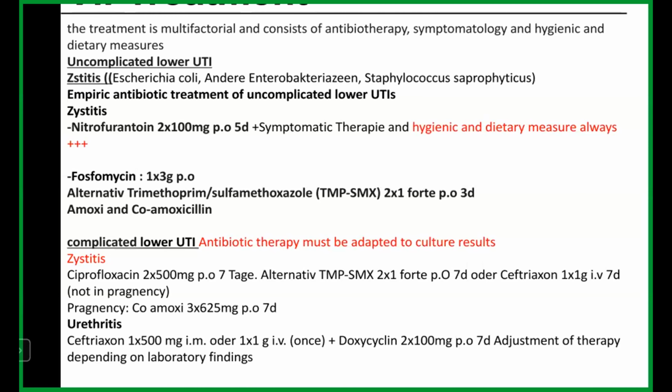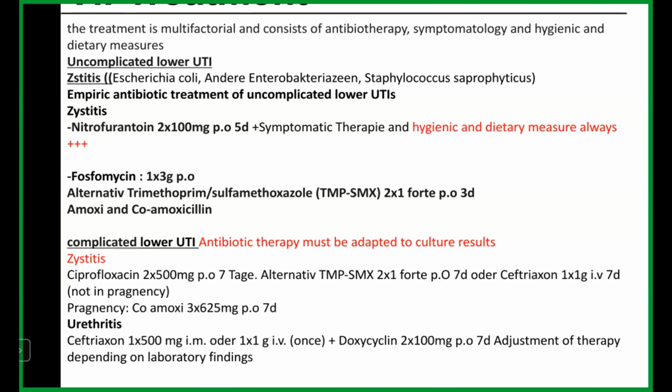So this is a quick and short therapy, which could have the same benefit as nitrofurantoin for 5 days. I didn't see in the literature a better benefit of fosfomycin than nitrofurantoin, so we use both of them, and both of them have the same result of therapy.